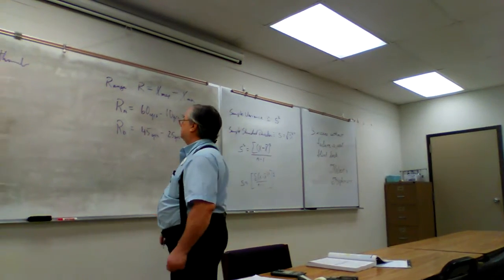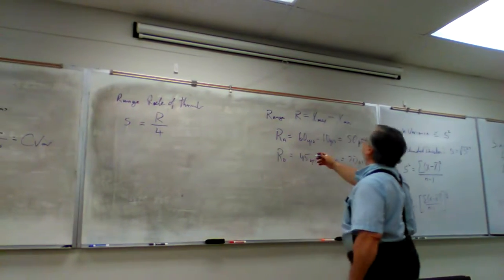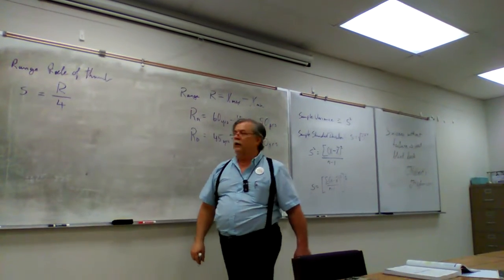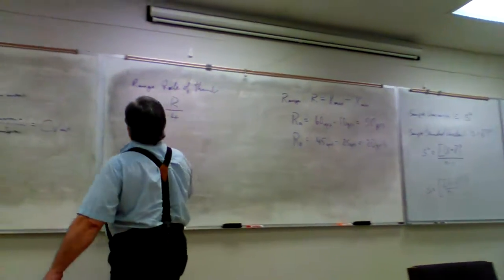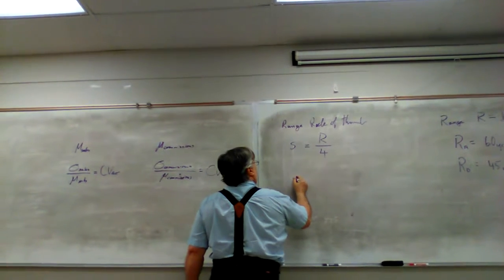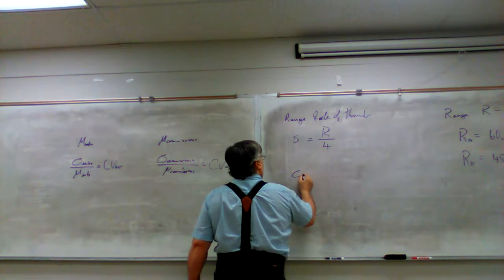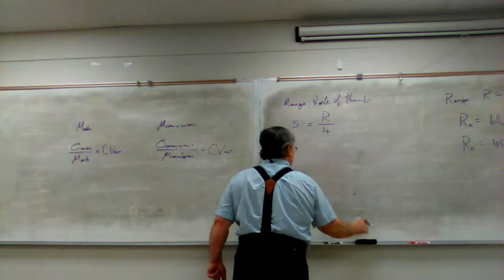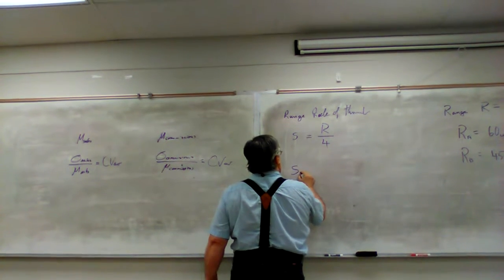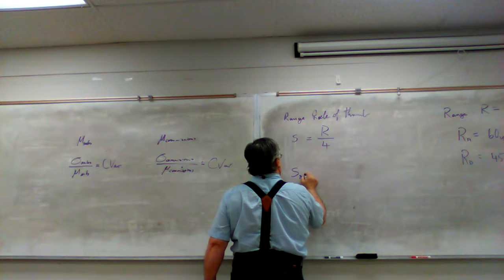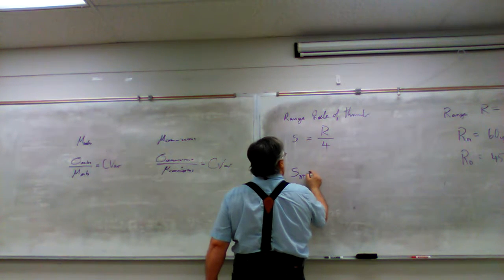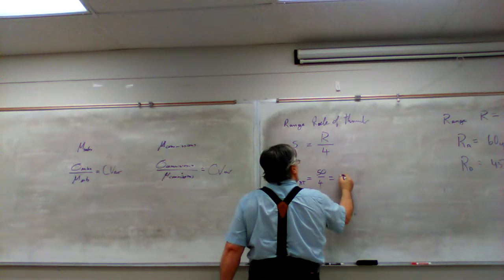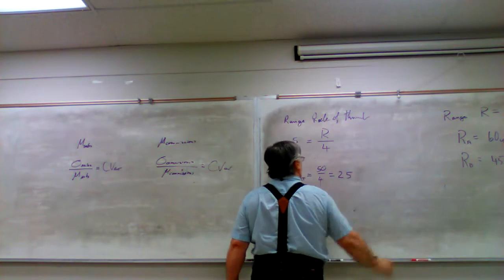Let's compare it. We found the range of A was 50 years. So by the range rule of thumb, sigma would be equal to 50 divided by 4, which would be approximately 25.